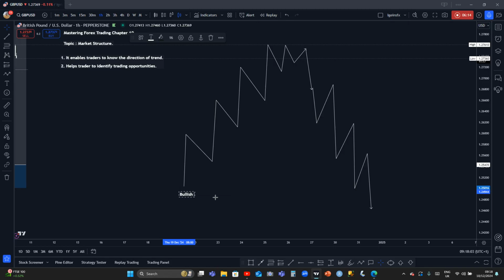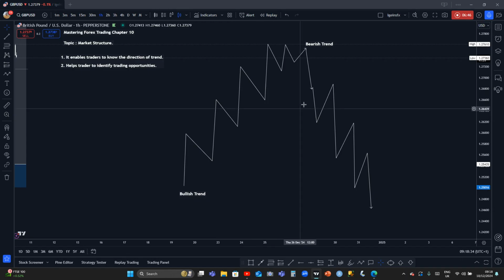We have a bullish trend, then we have a bearish trend. So from here to the downside is bearish. From here to the upside is bullish.